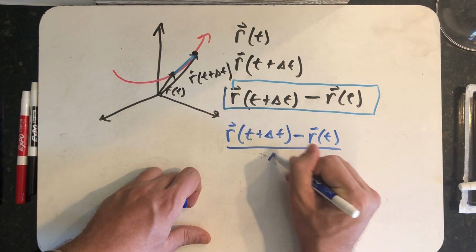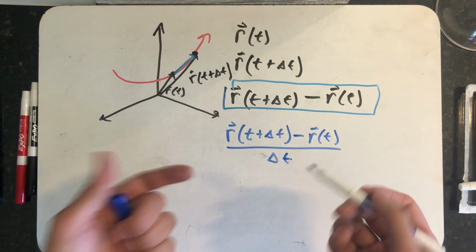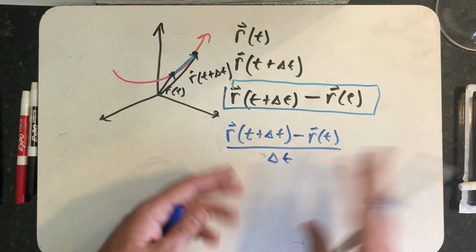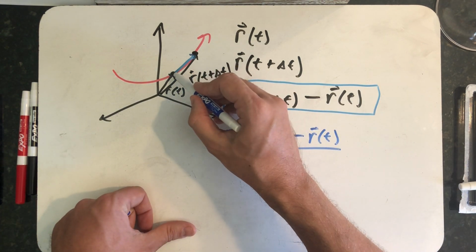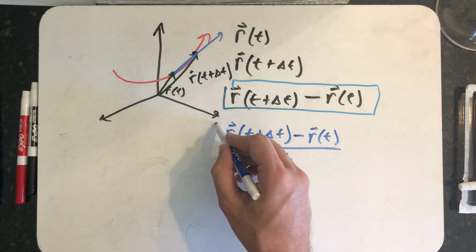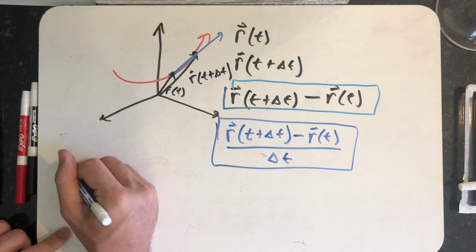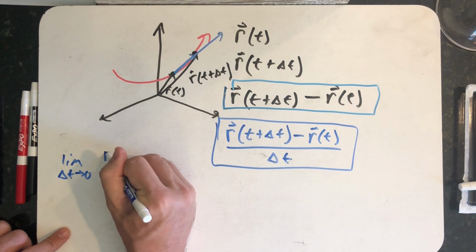Well, what I'm really doing is dividing by a constant, right? And so that's really just changing the size of my vector. So depending on how large or how small you want delta t to be, it's just changing the size of that vector. So I'm going to let that darker blue vector represent this construction, just a vector.